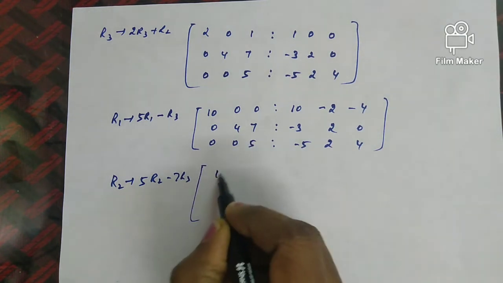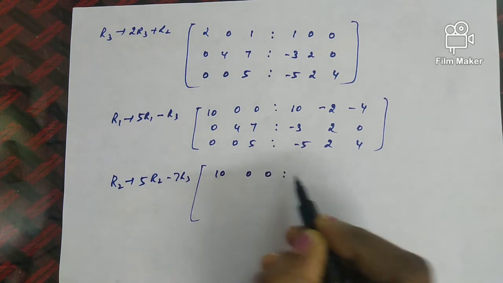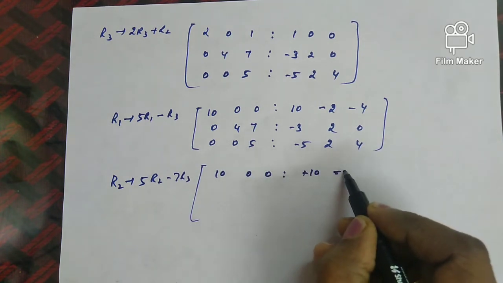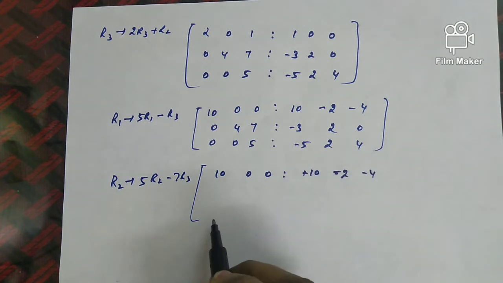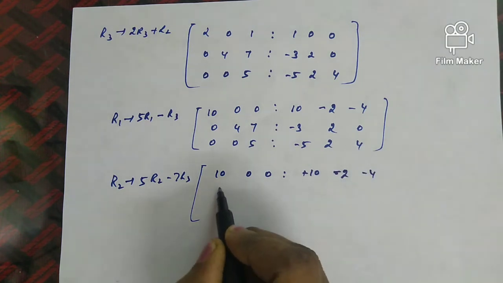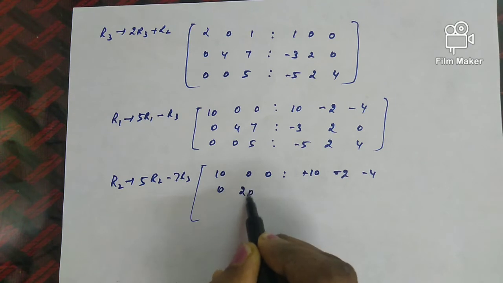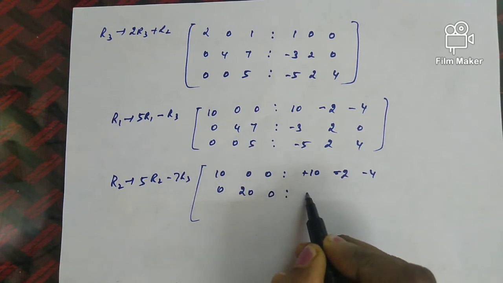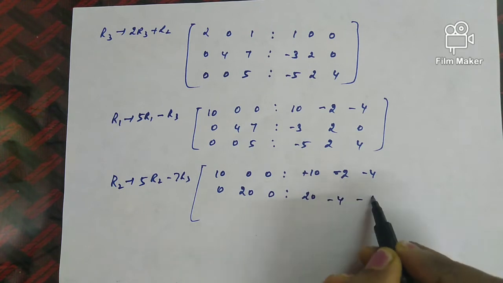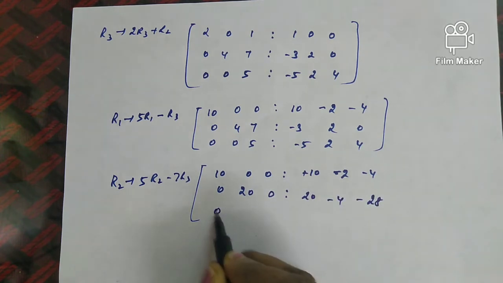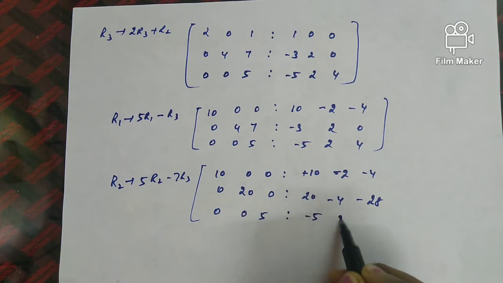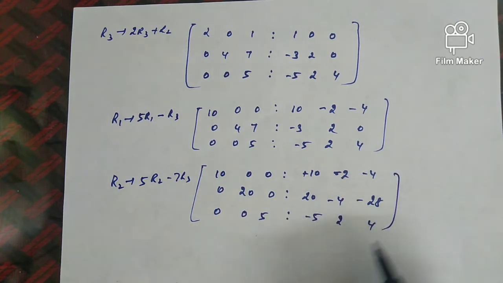The answer: in R1 we are not doing any operations, and in R2 it becomes 0, 20, and this place becomes 0, and here 20, -4, -28. Then 0 0 5 | -5 2 4.